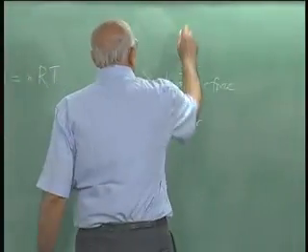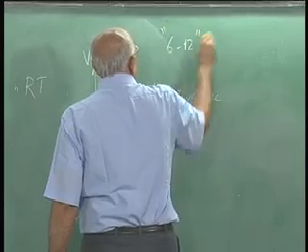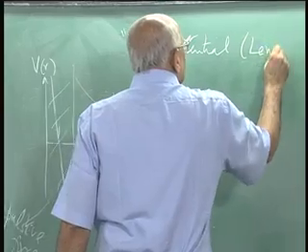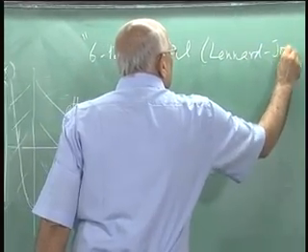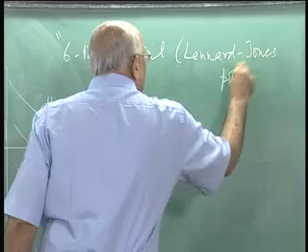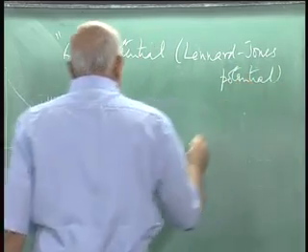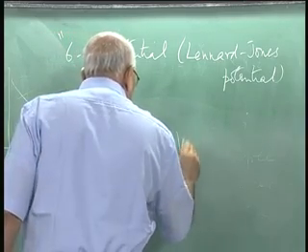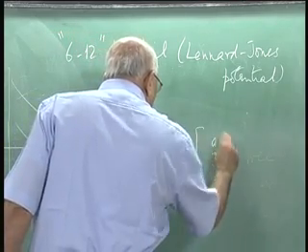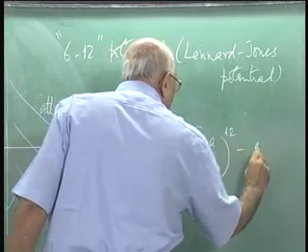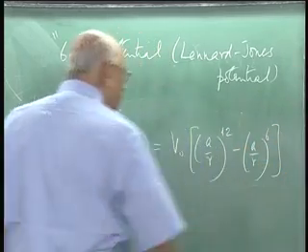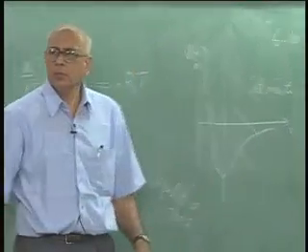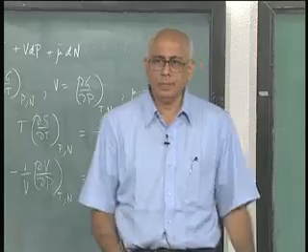Where does this come from? So this 6-12 potential, which also is called the Lennard-Jones potential, is of the form V of r is equal to some constant V naught times a over r to the power 12 minus a over r to the power 6, and this minimum here is at some multiple of a, 2 to the 1/6 times a or something like that.